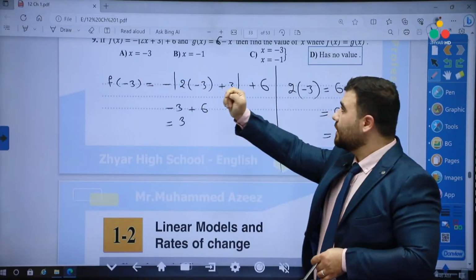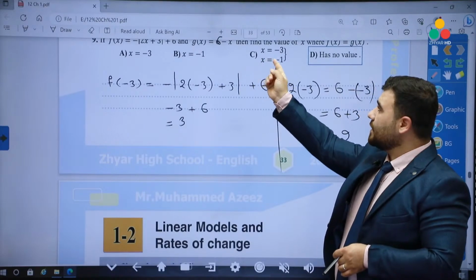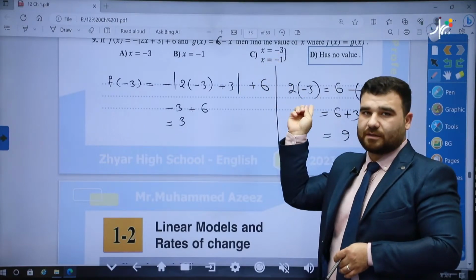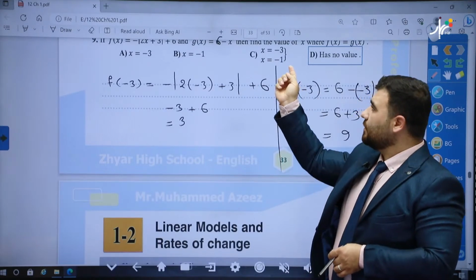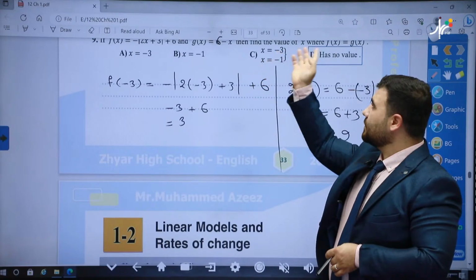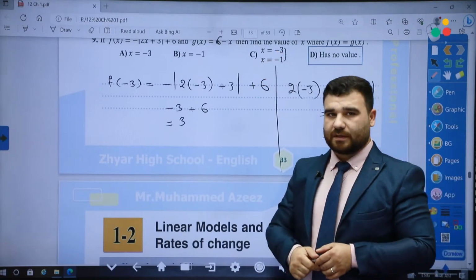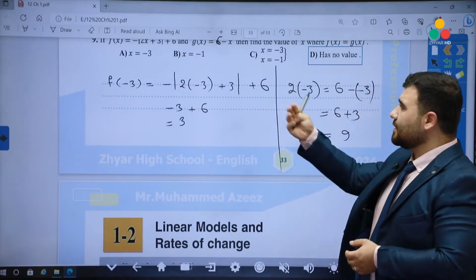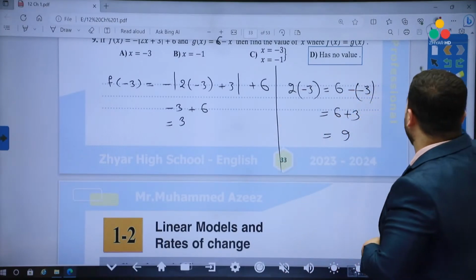This means C is also not the right answer because it contains negative 3. Then I'm sure C is not the right answer, which makes D the correct answer.